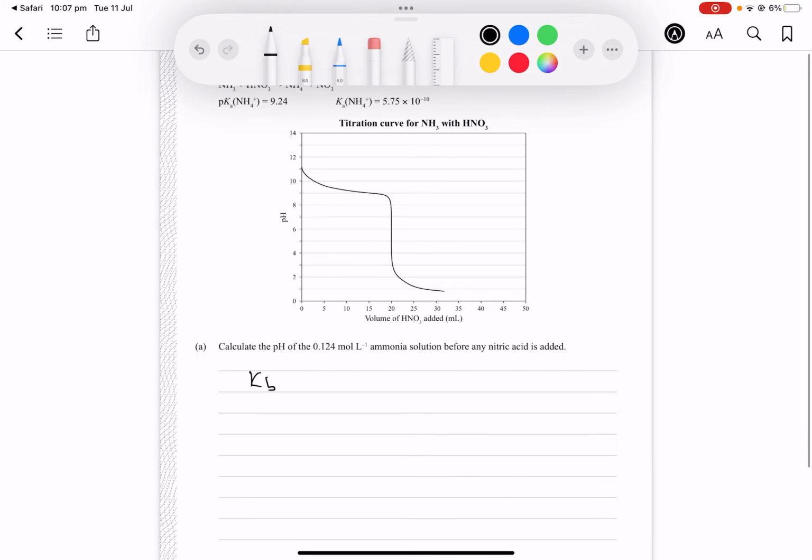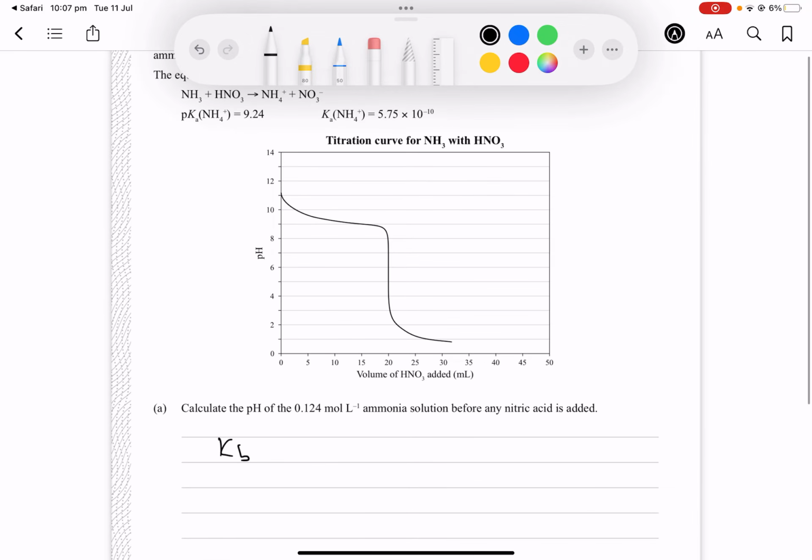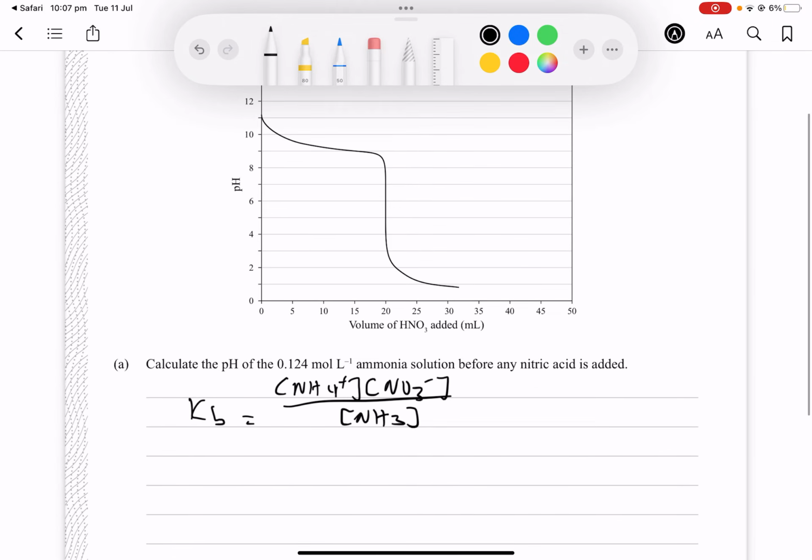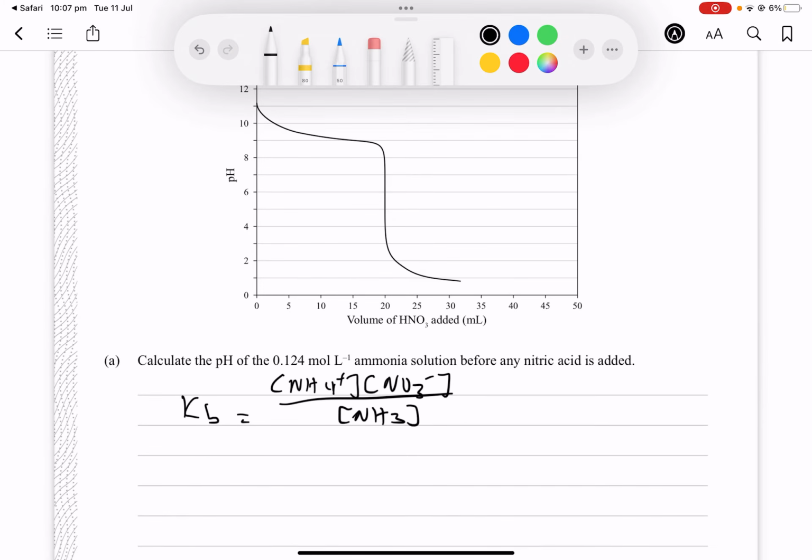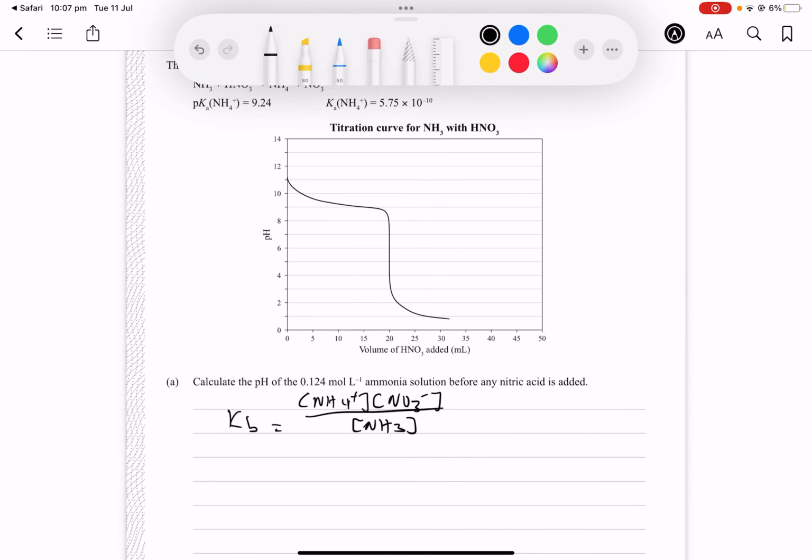So Kb is going to be equal to the concentration of NH4 plus multiplied by the concentration of NO3 minus divided by the concentration of NH3. And we know that Ka multiplied by Kb equals 1 times 10 to the power of negative 14.